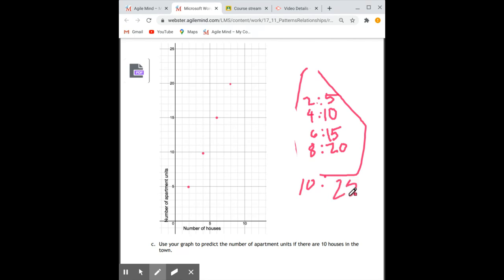How'd you get that so fast? Because 2 times 5 is 10, and then 5 times 5 is 25. Correct.